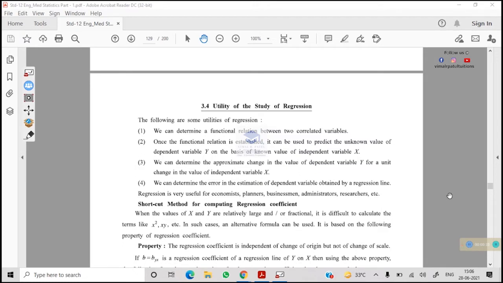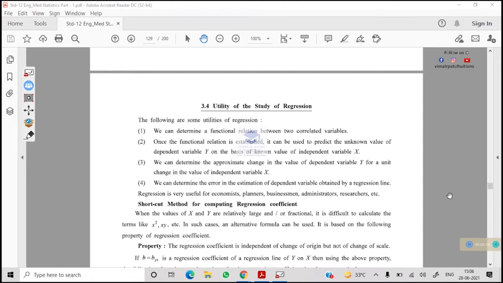Once the functional relationship or the mathematical or statistical model or equation is established, we can find out the estimated value of dependent variable on the basis of the given value of independent variable. So as we are doing, with the given value of x, we can find estimated or predicted value of y.